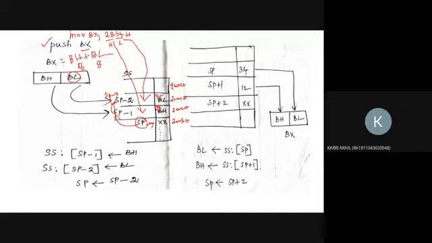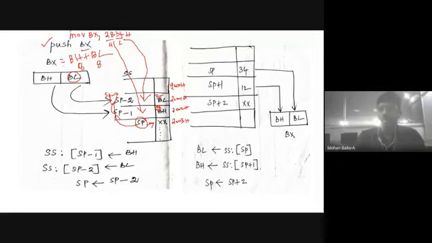Yes, sir. Lower byte and higher byte, because each memory location can store a maximum of 8 bits. First, we are just splitting the 16-bit number into 8 bits. The first one is the lower byte, and the other is the higher byte.